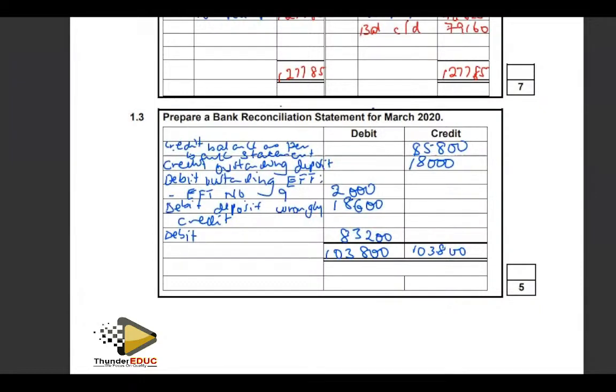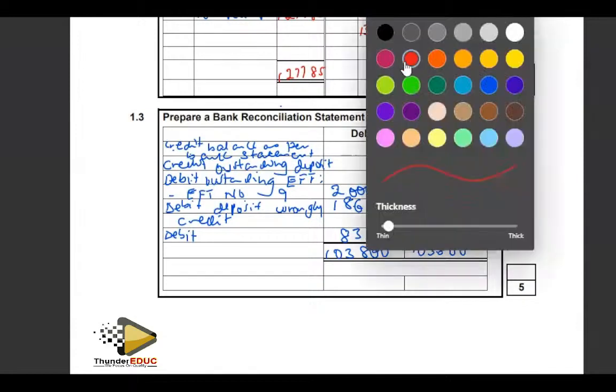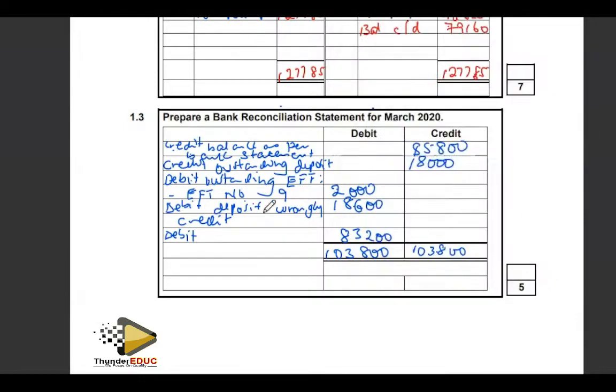And we never left here, minus 18,600. It is 83. So it means now we need to do what? Let me check this again.